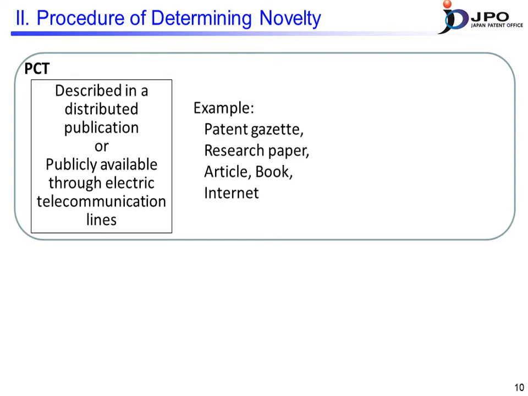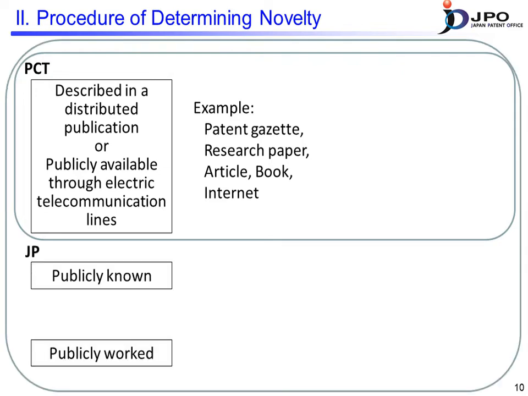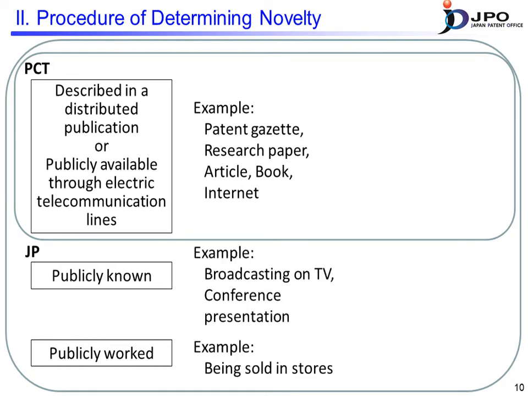Examples of where an invention can be described in a distributed publication are patent gazettes, research papers, articles, and books. And an example of how an invention can be made publicly available through electronic telecommunication lines is information disclosed on the Internet. In Japan, publicly known inventions and publicly worked inventions can be prior art in addition to these.